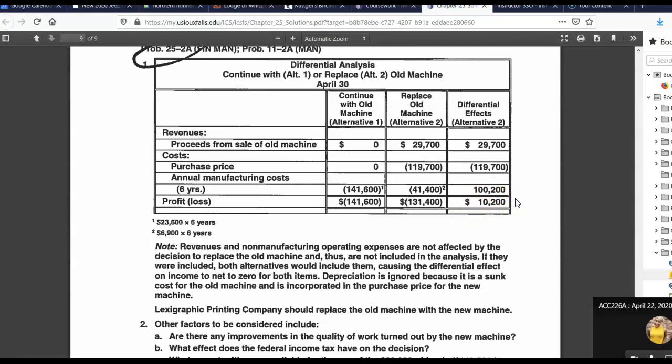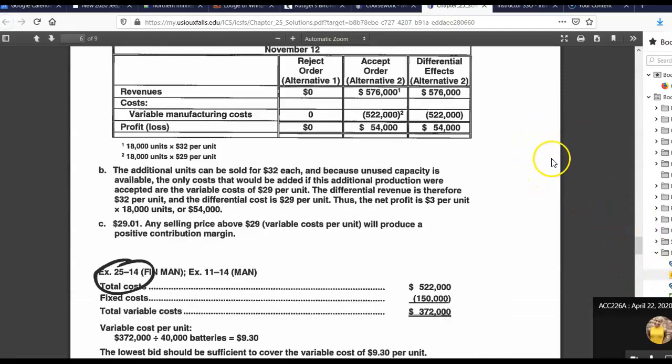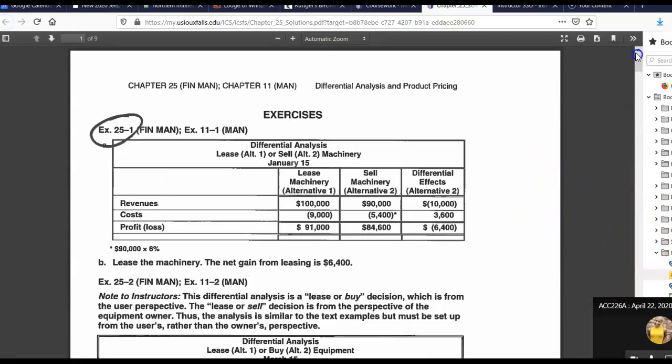Unless you have other questions, if it's all right with all of you, I'm just going to scroll way to the top where we did all the other exercises and highlight some differences that you should make sure you note out of chapter 25. So again, in exercise one, we're looking at the difference between do we lease it or do we sell it? Looking at it from a little P&L effect, what are their revenues, their costs, and then this is their profit.